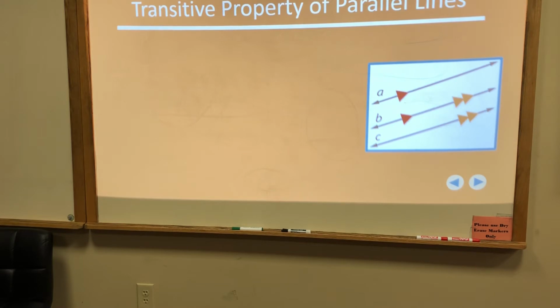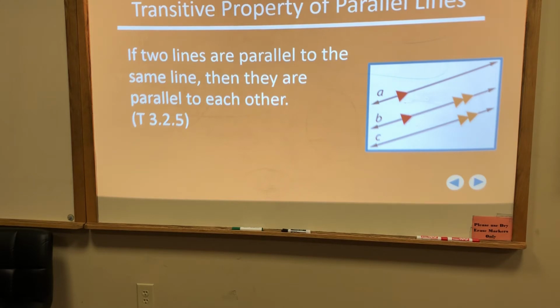So let me ask you a question. If line A and line B don't ever get closer together, and B and C never get closer together, will line A and C ever get closer together? The answer is no. So if you have one set of parallel lines and another set of parallel lines, you have transitive parallel lines. That is kind of scary. Here's the theorem that they ask you to have just in case.